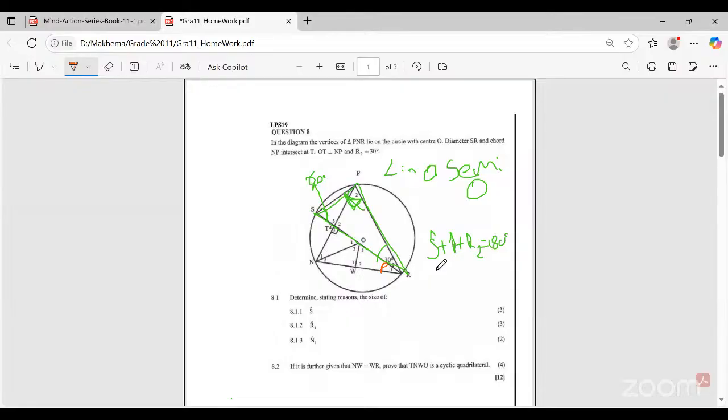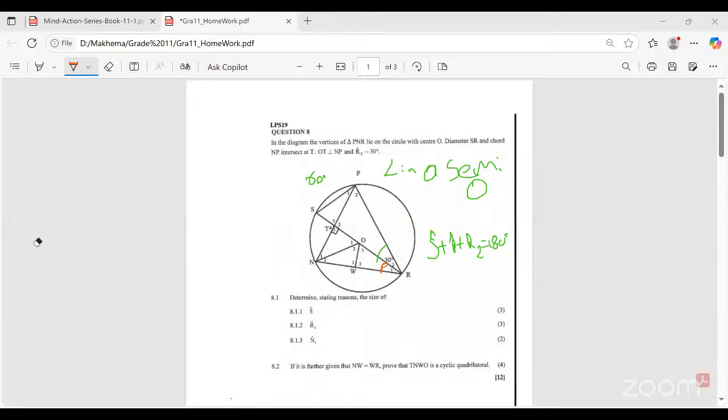Let me erase this mess and only leave this 60 degrees for this one, and that's 90 right there. Fine. We have this, and we want this one.